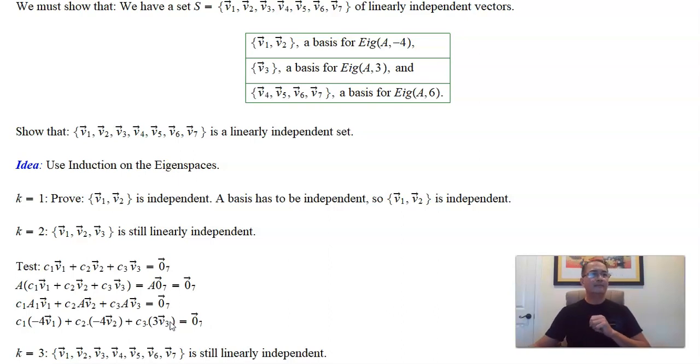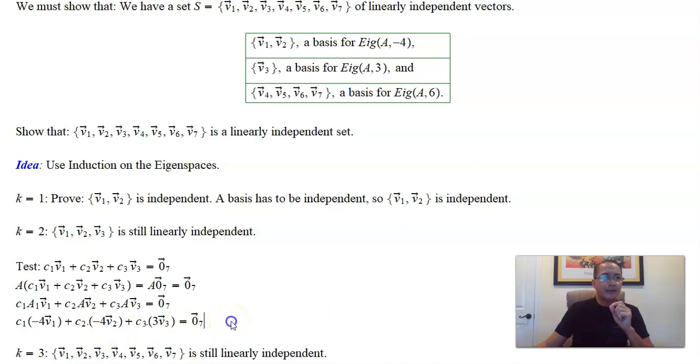Yeah, there we go. Okay, so that step is possible because the eigenvectors come from these eigenspaces. So these are like the lambda 1, lambda 2 to lambda j, except now we have the same lambda for the first 2 vectors.